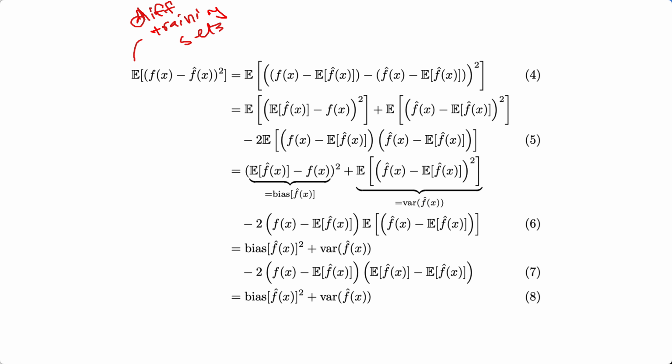How do we know that? Well, it's the expected value of our one particular estimate minus the mean value of estimates over many training data sets. So that's the definition of a variance, right?